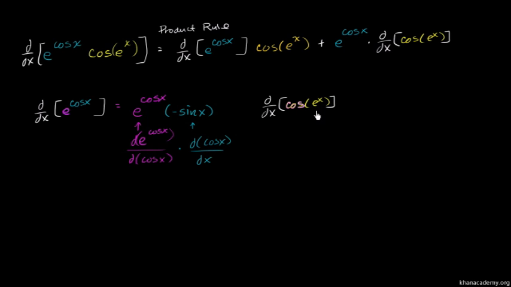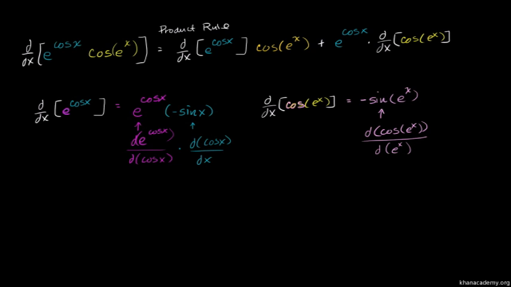Cosine e to the cosine e to the x ngise negative sine, derivative ka cosine negative sine of e to the x, negative sine e to the power of x. Siyabona ukuthi lokhu i-derivative ka cosine of e to the power of x with respect to e to the power of x.